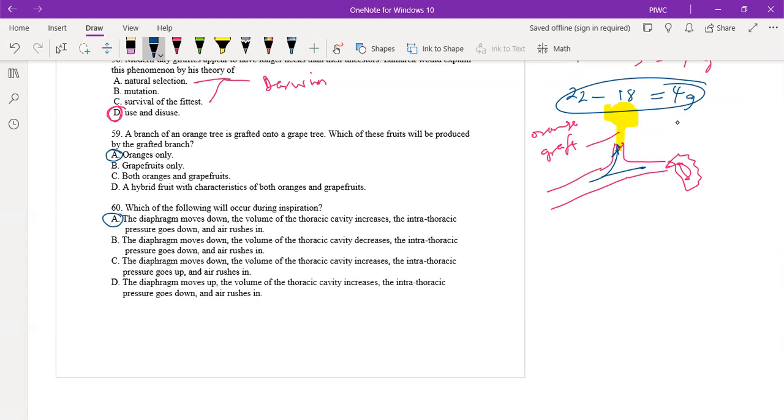Professor, the test says the correct answer is D: the diaphragm moves up, the volume of the thoracic cavity increases, the intrathoracic pressure goes down, and the air rushes in. I answered A, but it was wrong. Oh, then I have to go and check. That was tricky though, the wording.